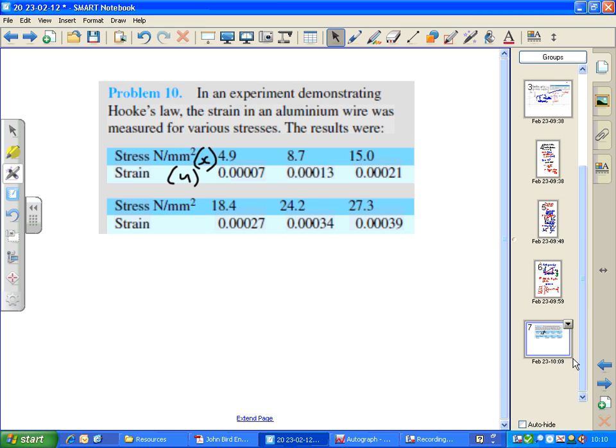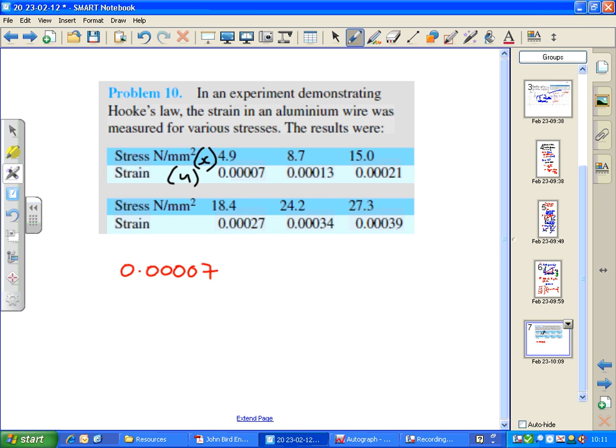So we've got to plot these results. Let's have a look for a minute at how you might plot these results. Let's take this first value, 0.00007. Unit. Oh, it's no units because it's a strain, measuring the length relating to the original length, so it's got no units. 0.00007.